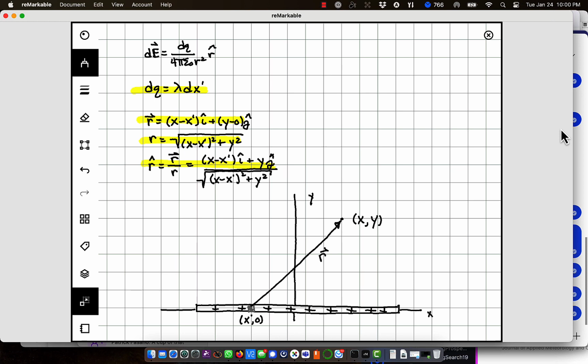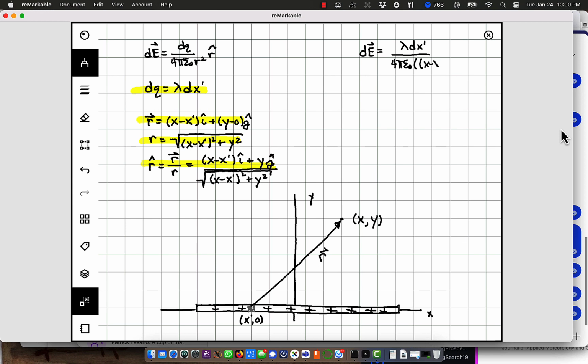So now we're going to substitute it in. We're going to fill it all in. So let's write it. dE vector equals, well, the dq is lambda dx prime. And then the denominator is 4 pi epsilon naught r squared. We'll fill in the r squared.